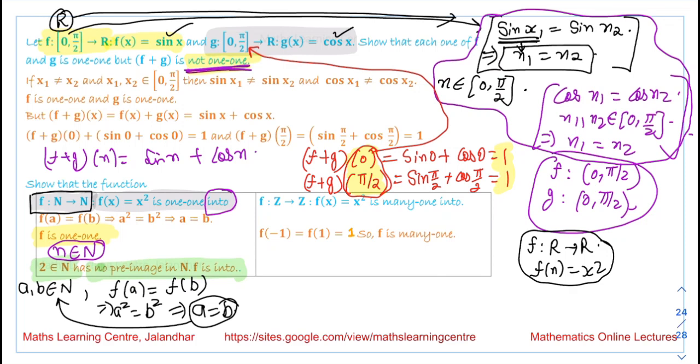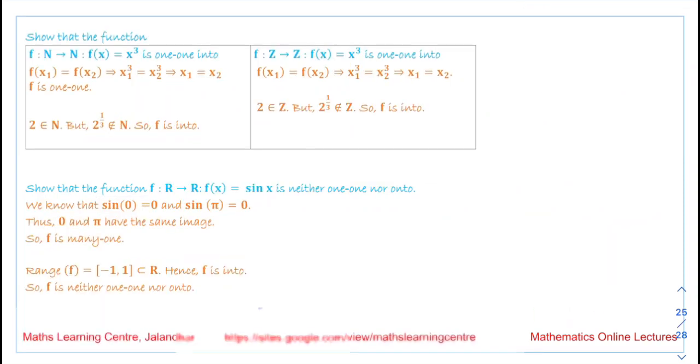Now next we have the function f, which is defined from Z to Z. The domain and codomain are Z, the integers, and f(x) is equal to x square. So first thing is clear to us that both these functions are not equal because their domain and codomain are not the same. We have to prove that this function is many-one and into.